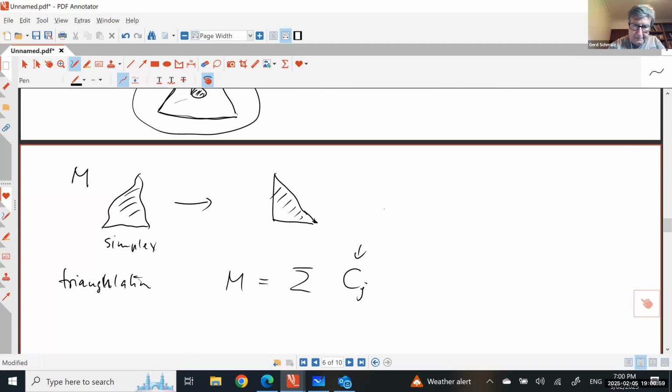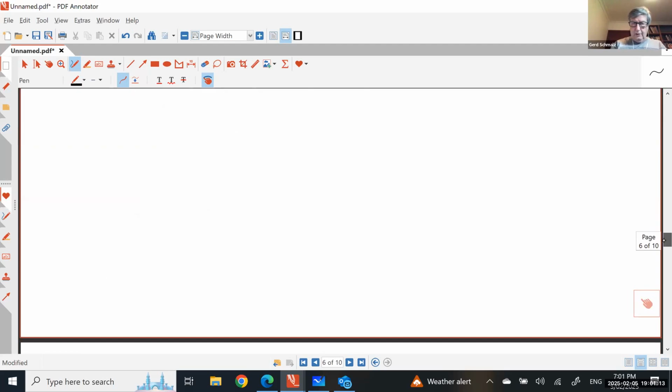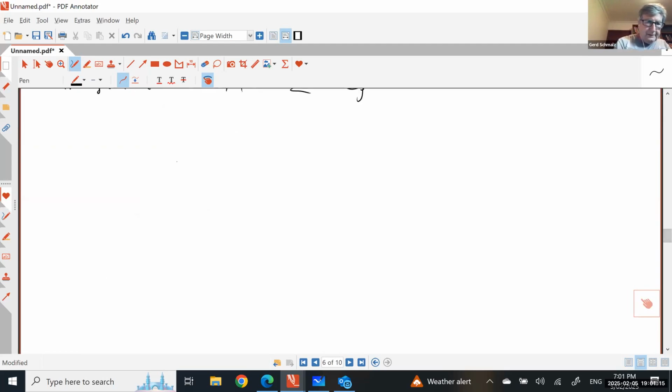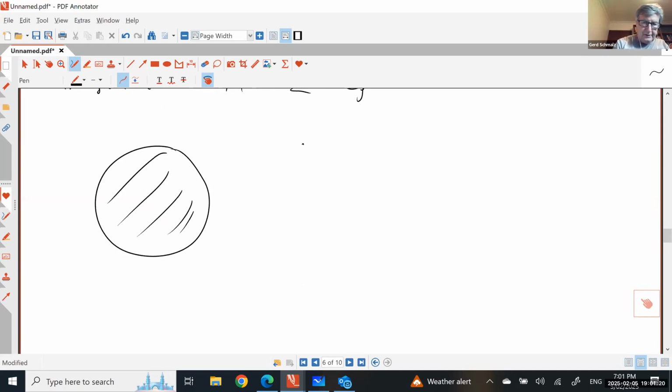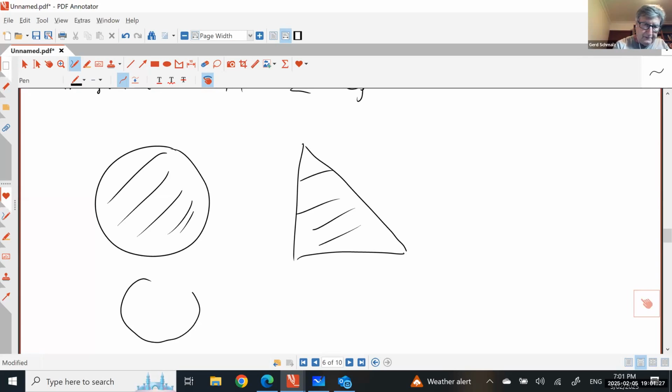And these are n-dimensional simplices. So let's think of finitely many of them. So for instance, such a thing topologically can be stretched into something like this. If we have here a hole, so what can we do?